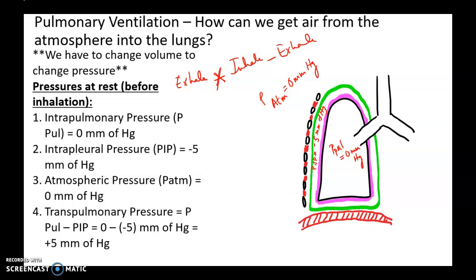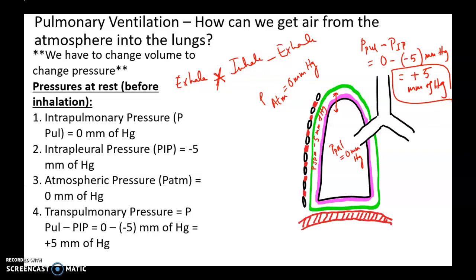And then what about the transpulmonary pressure, which is the pressure difference here? Transpulmonary pressure, remember, is P pul minus PIP. So that will be 0 minus minus 5 millimeter of mercury, which will be plus 5 millimeter of mercury. Do you expect to get a question on this on your lecture exam? The answer is yes.